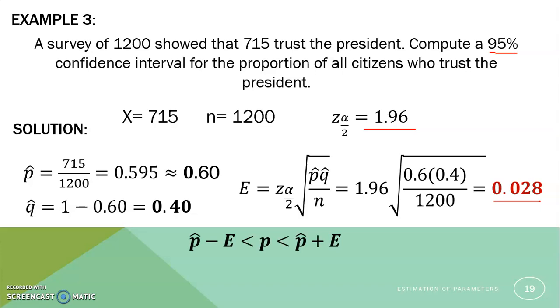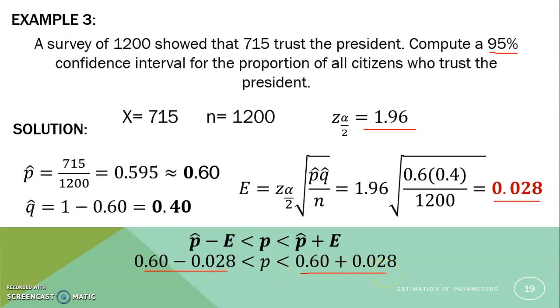So, using the formula, we subtract the error from P hat, 60 hundredths minus 28,000, to get the lower limit, and add it to get the upper limit. So, the trust rating of the population in the president is within 57.2% to 62.8%.